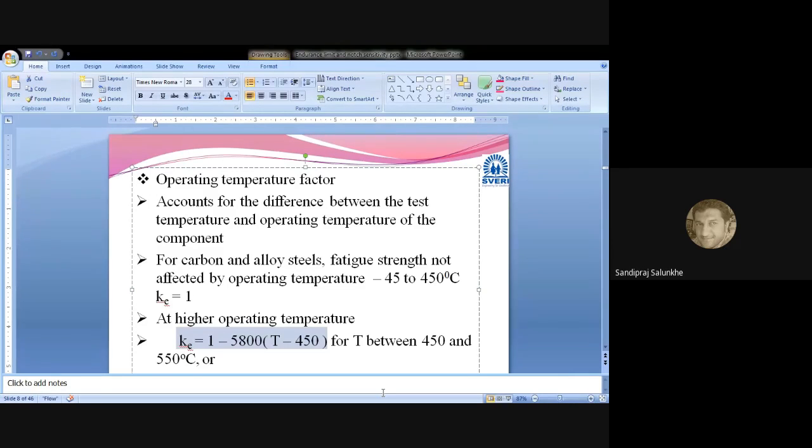Okay, so this formula can be used for higher temperatures, more than that.